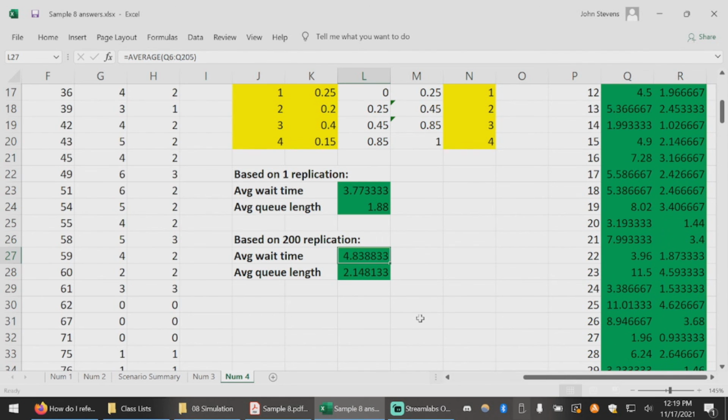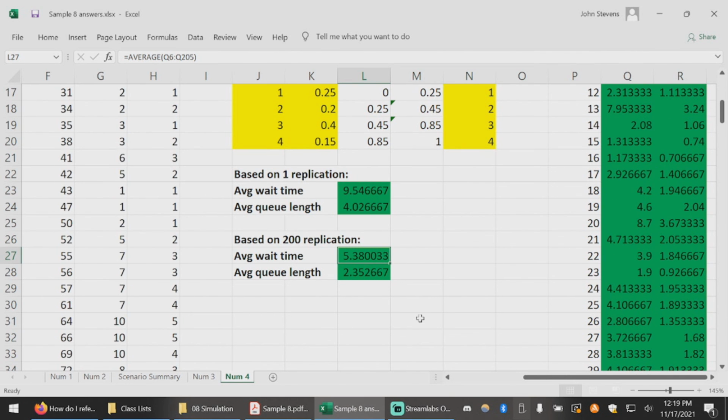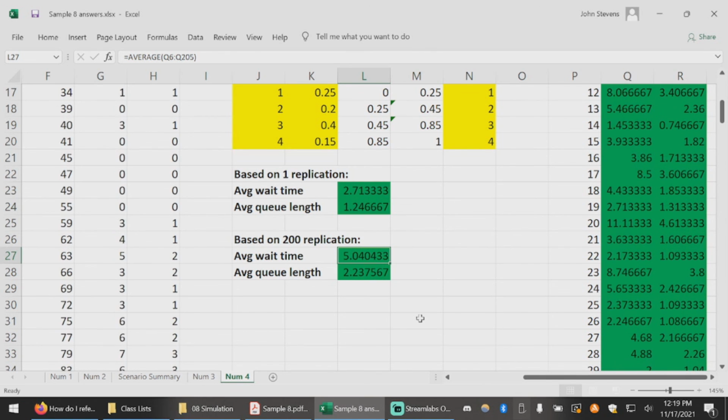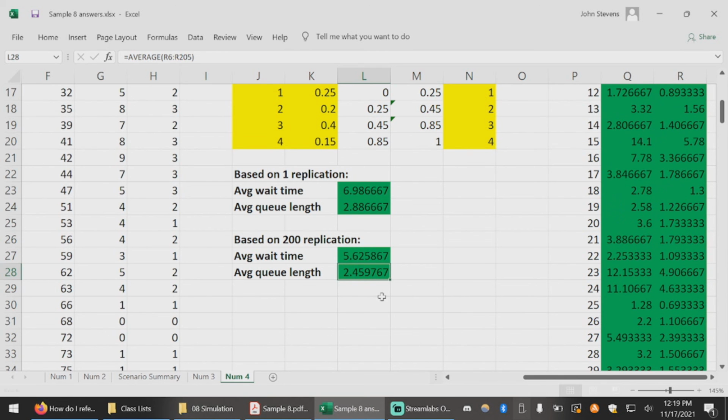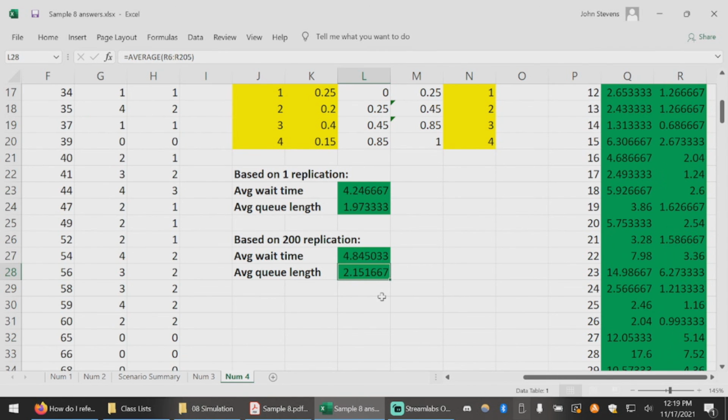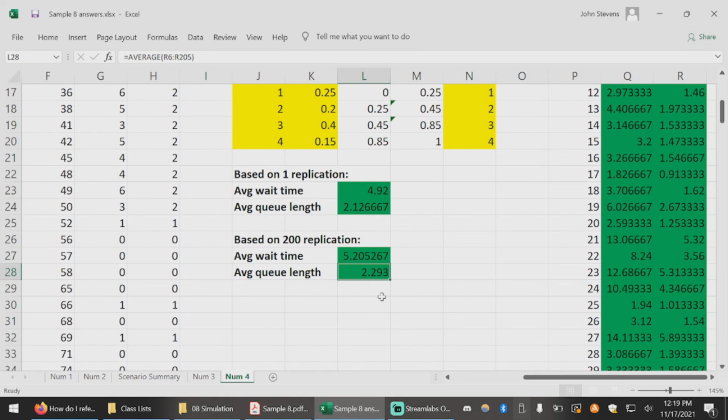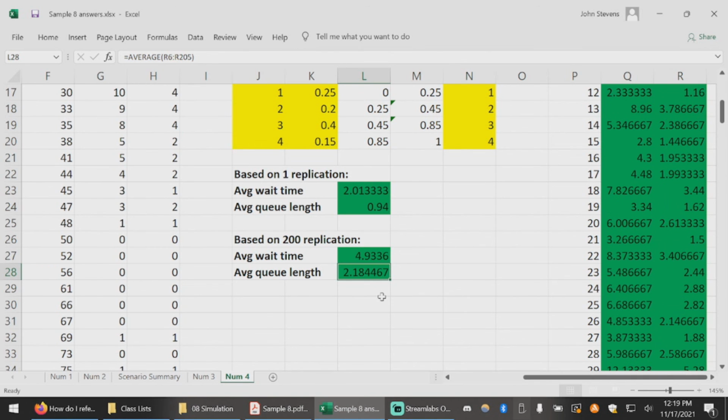Of course, there's still some variation because my 200 simulation runs is still a pretty small number. And the average queue length, I wasn't looking at that, to be honest. A little over 2.